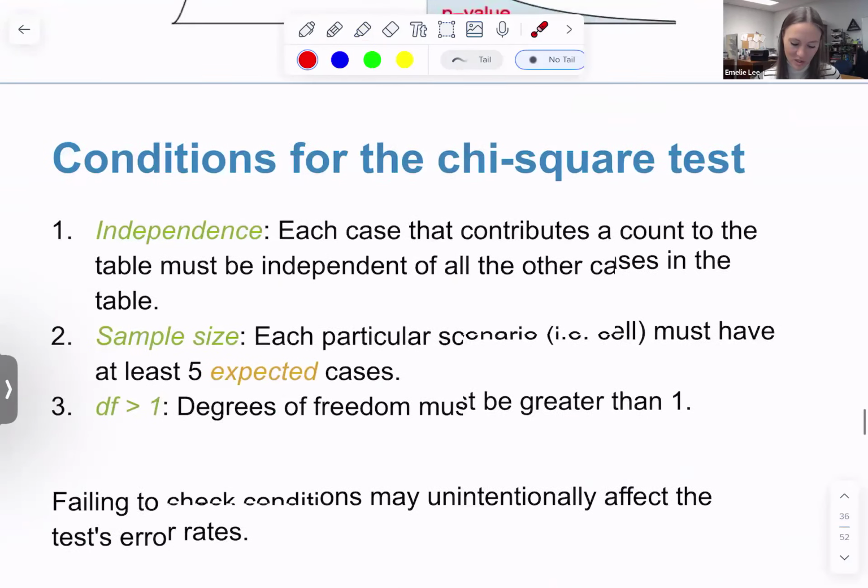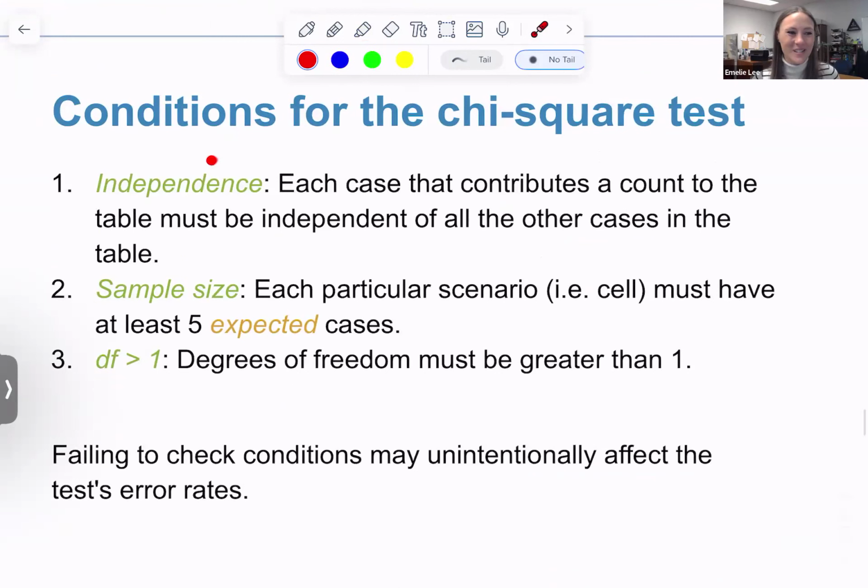And so let's just talk about the conditions for the chi-squared test. We have to have independence. So every count that you have has to be independent of the other counts. There's a sample size condition, so this is the newest one. We have to have at least 5 expected cases in each category.